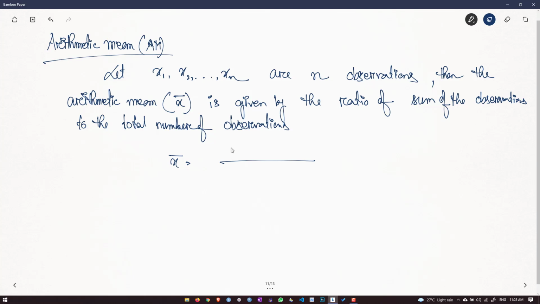X bar is x1 plus x2 up to xn divided by n, which is in short written as 1 by n, summation i goes from 1 to n, xi, right? So this is the symbol. Now what is the summation symbol? I guess you are familiar with it. Summation i goes from 1 to n of xi is nothing but we replace the value of i at every step.